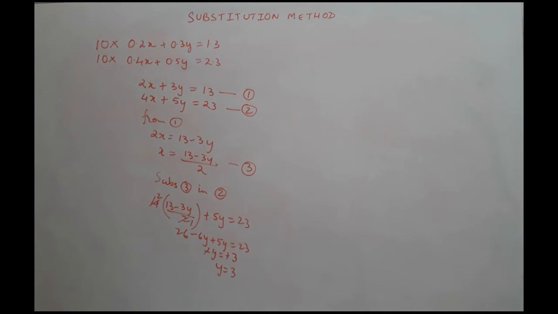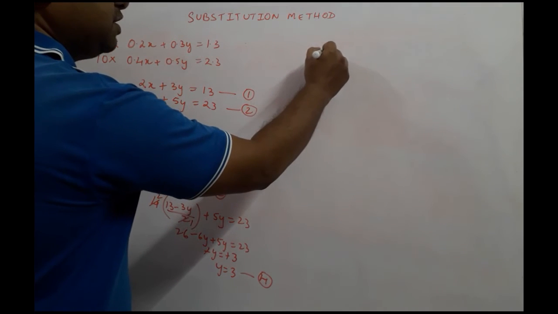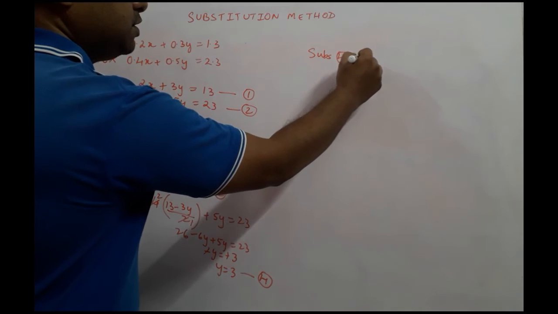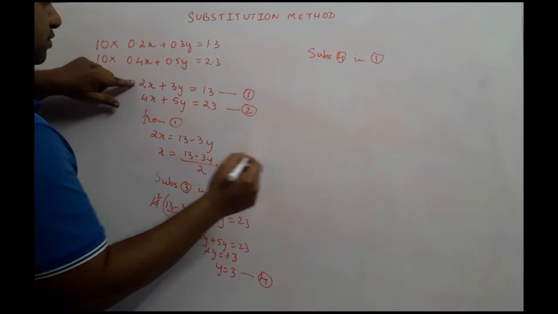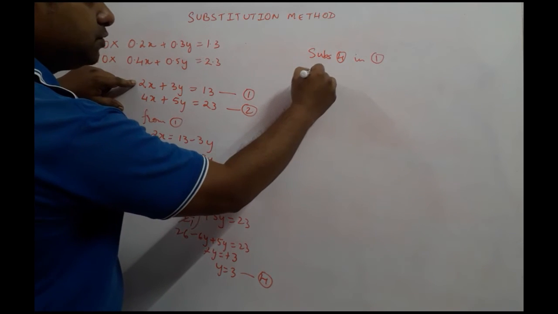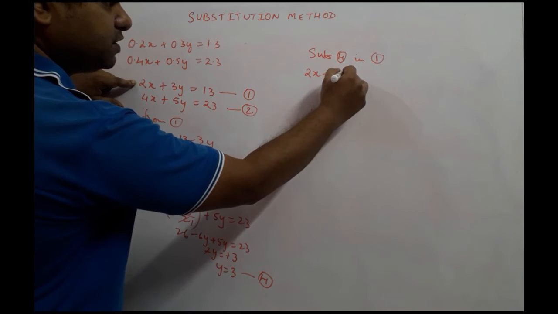Got it? Now we write this as 4 and we substitute the value of y in equation 1. So which is equation 1? 2x plus 3y. So 2x plus 3, instead of y we put the value of y, which is 3.